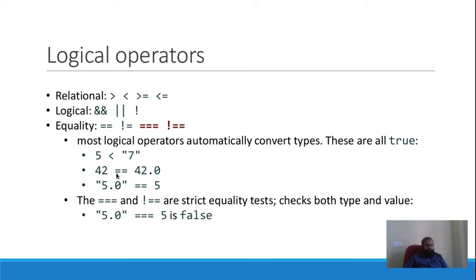And 42 equal to 42.0 also does the conversion automatically. But if I do 42 triple equal to, then it will return me false.